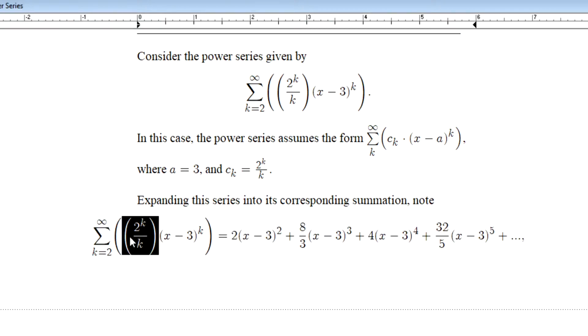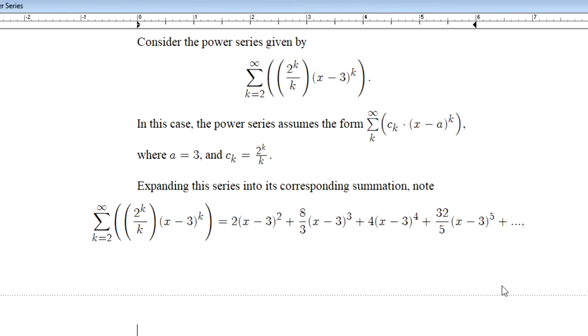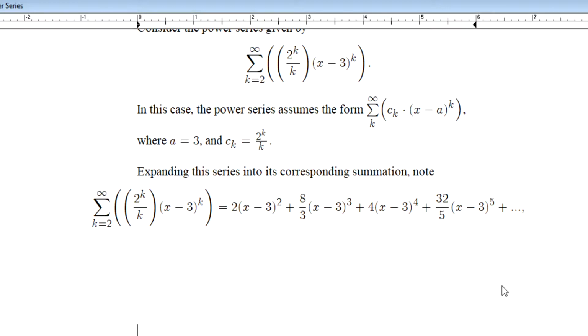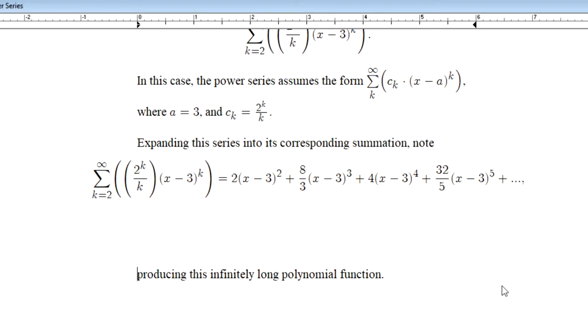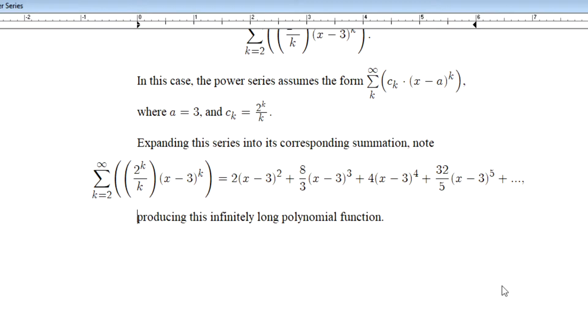This value c sub k becomes some constant coefficients for this polynomial that depend upon the value of k, and the series centers itself in each of these terms around this value of 3. We can see that in this expansion. And what this does produce, as we pointed out, is this infinitely long polynomial function.